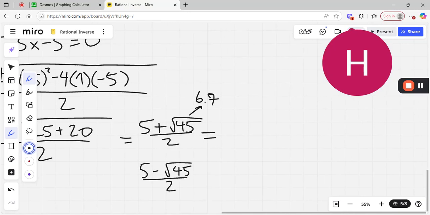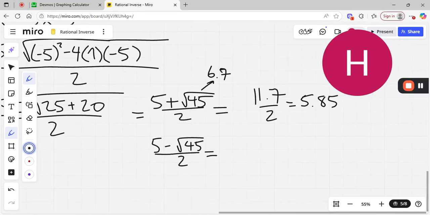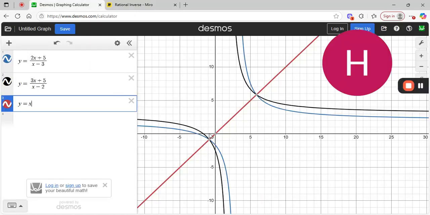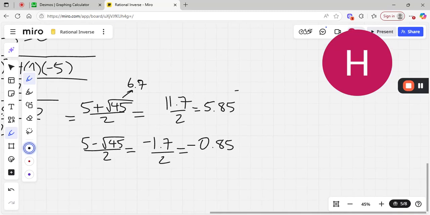That seems reasonable. So this would be something like 11.7 over 2, which is approximately 5.85. Sound familiar? And this is approximately 5 minus 6.7, which is negative 1.7 over 2, which is approximately negative 0.85. Sound familiar? I mean, it's pretty close, right? Can I get some credit for that? 0.85 and 5.85. They're pretty close. So these are our approximations.